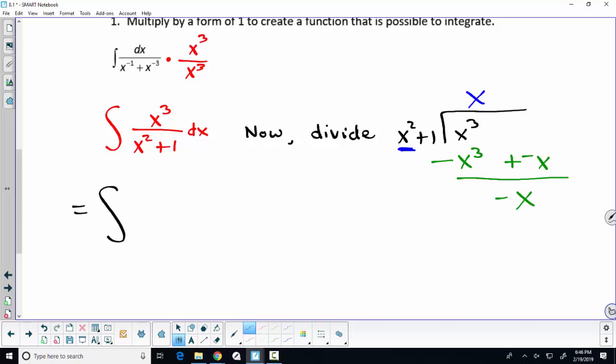So in other words, by long division, this integral would equal to what? x minus x over x squared plus 1. Yeah, so we have our quotient, our remainder over the divisor.